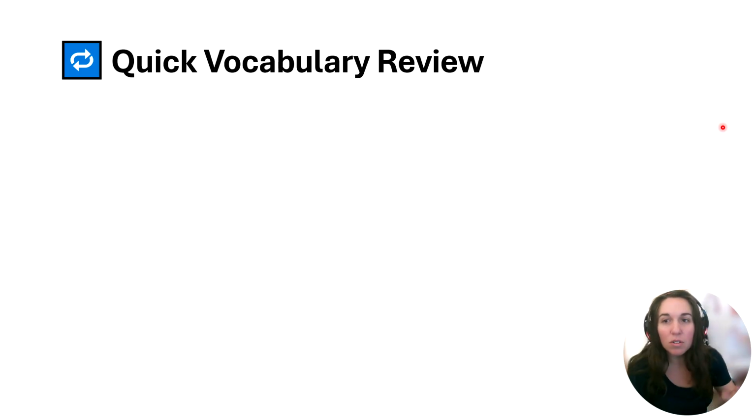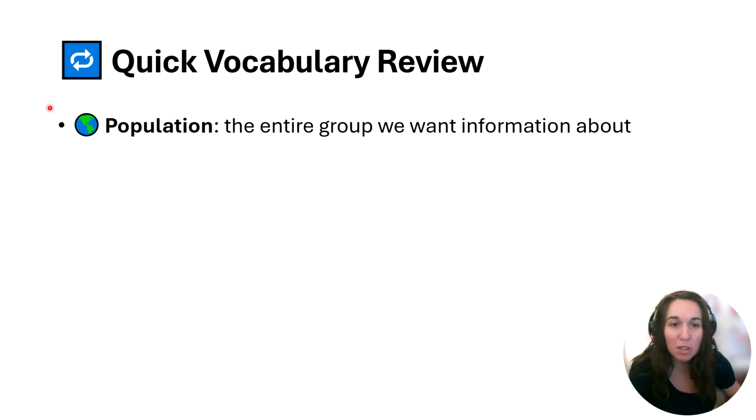So remember, there's a lot of critical vocabulary in statistics. So it's important to check in with those key terms that we learned in the last few sections. Let's start with a quick review of key terms, and please make sure that you have these in your guided notes. That's going to be really important. The first term is population, and that's the entire group that we want information about.